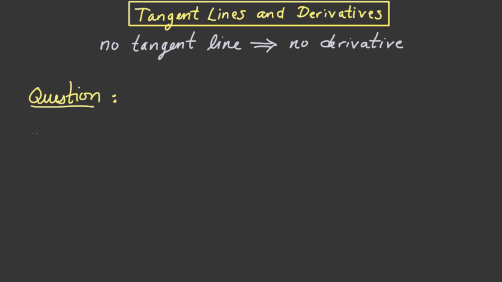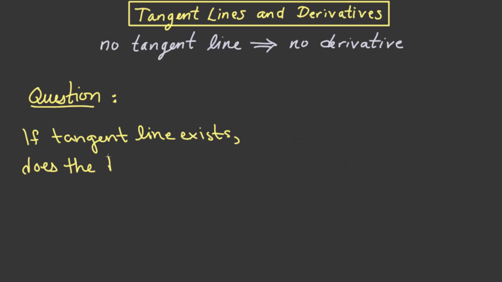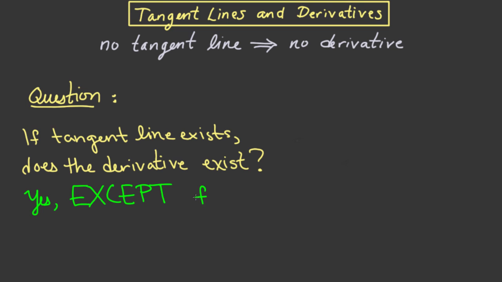Now my question is, if the tangent line exists at a point, does the derivative exist there? The answer is almost always yes, except for the case of vertical tangent lines.